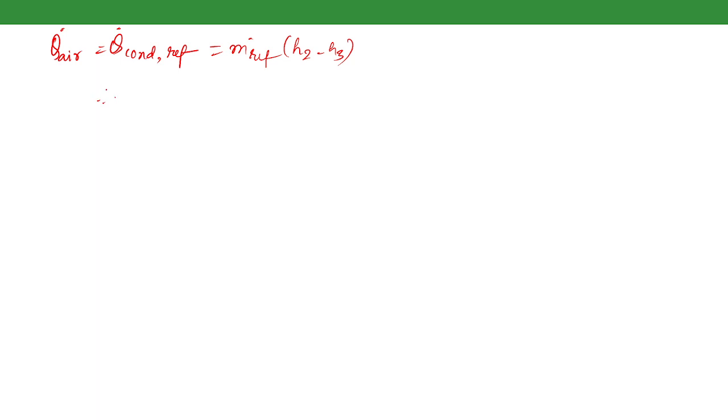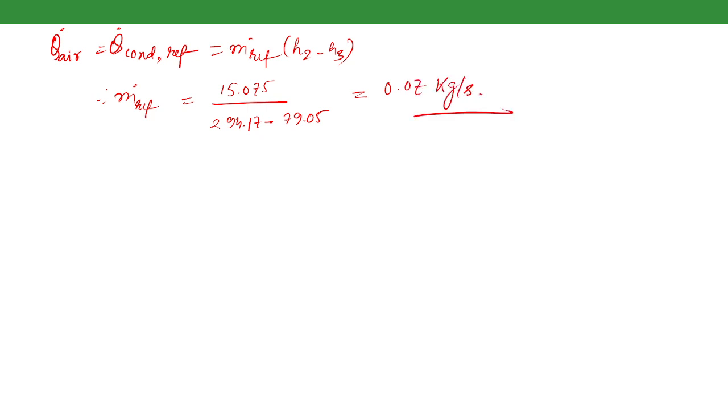Okay, therefore the mass flow rate of the refrigerant is equal to 15.075 by H2 minus H3, that is 294.17 minus 79.05. So this value comes out to be 0.07 kg per second. This is the mass flow rate of the refrigerant.